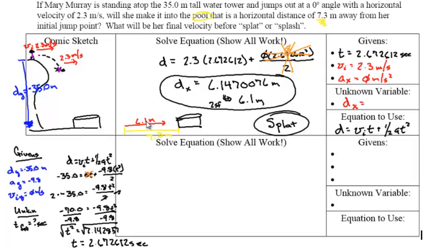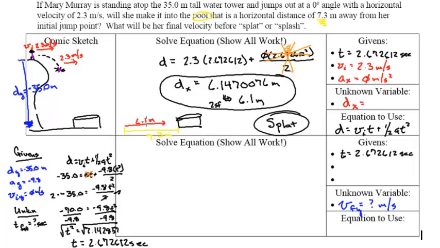Okay, well, now that I know that, how fast is Mary moving? Now, some students will go, well, is that in the x-axis or the y-axis? If it's in the x-axis, it's kind of a moot point. I already know how fast she's moving right before she hits the ground. But what is much more interesting is her velocity final in the y-axis. Okay, let's take what I know. I do know a time equals 2.672612 seconds.